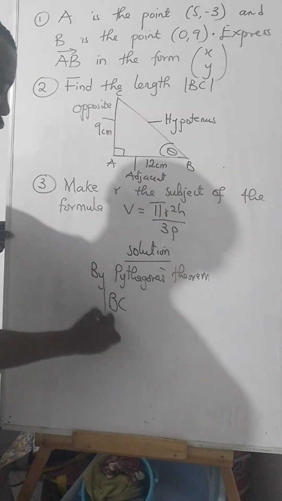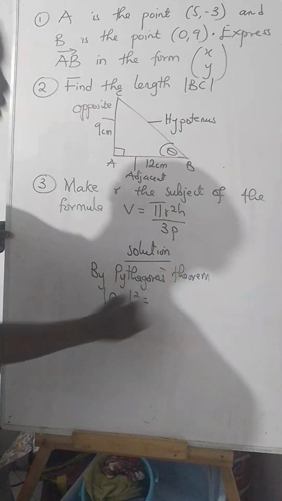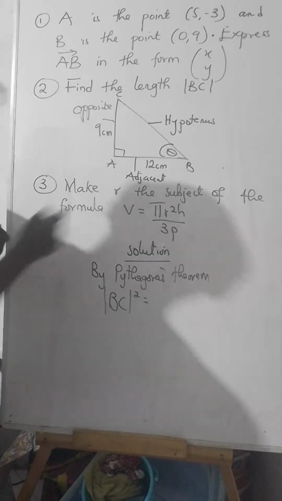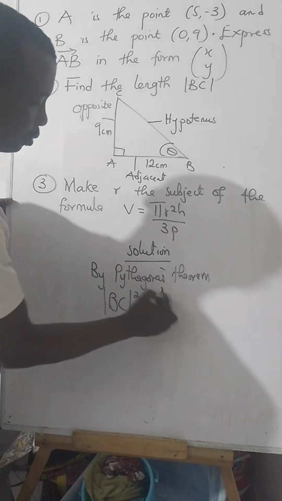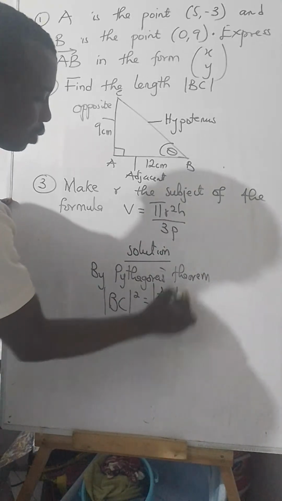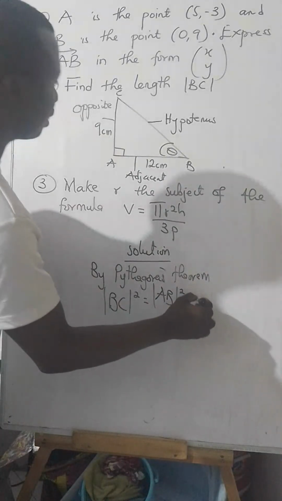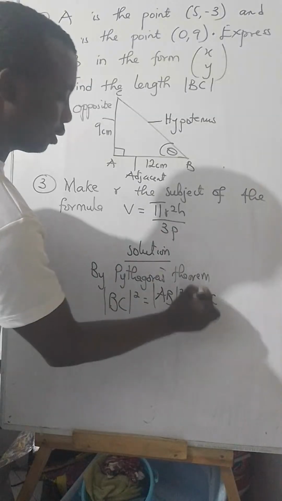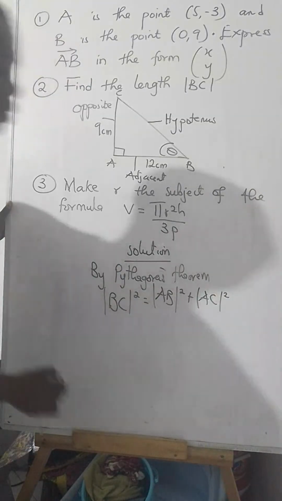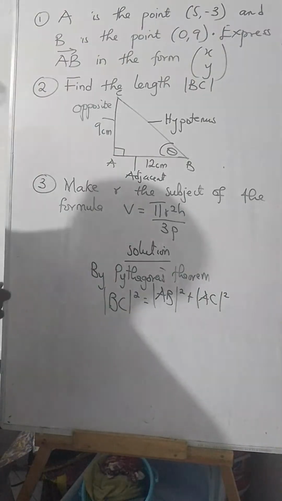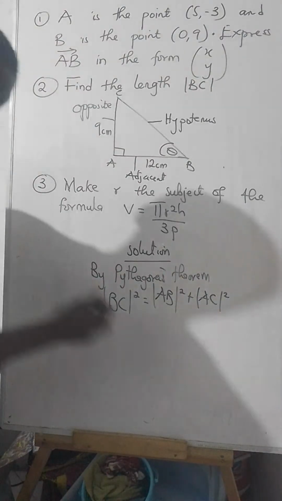So BC squared equals the AB squared, the adjacent squared, plus the opposite, that is the AC squared.